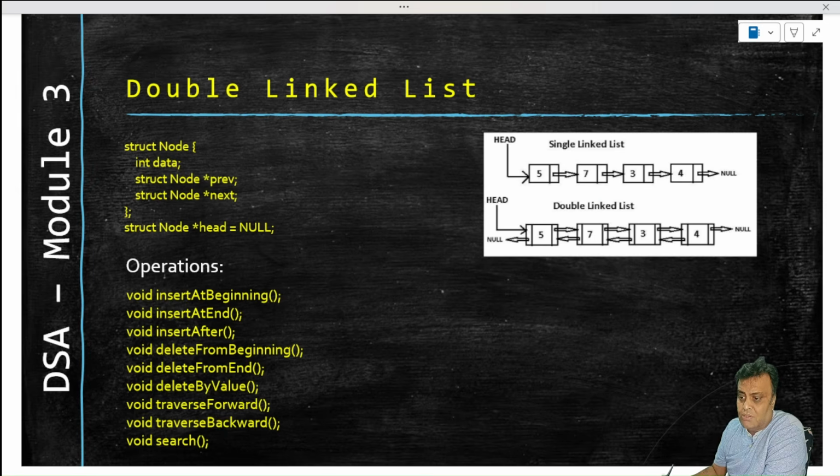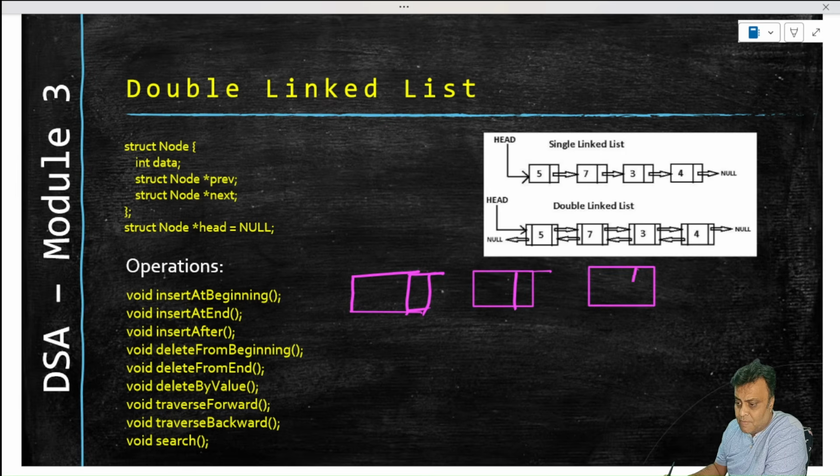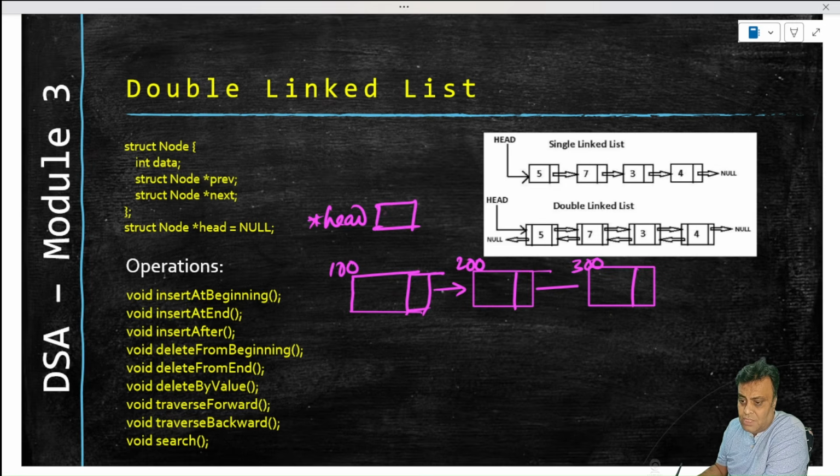Now what we are trying to cover today is what a double linked list is and how it is going to be different from a single linked list. If I take a single linked list like this and attach the relevant nodes to it, let's say this is at address 100, this is at 200, and this is at 300, and we have a head pointer which is pointing to the 100 address.